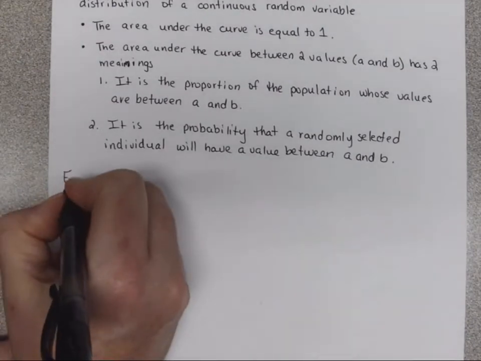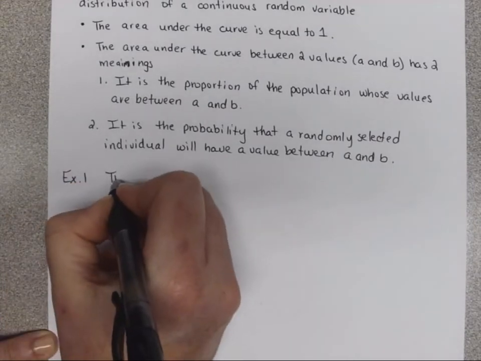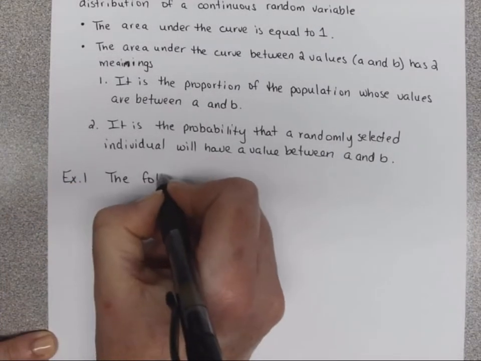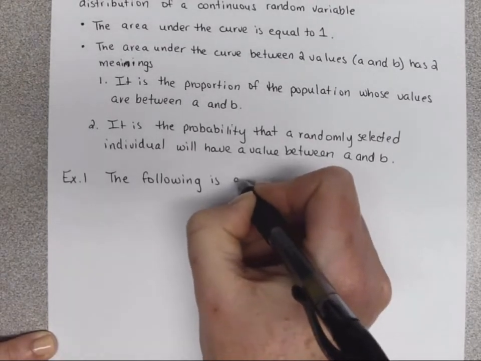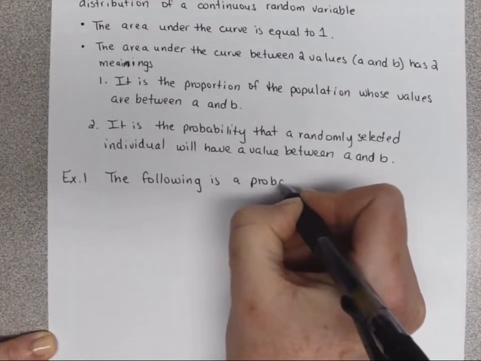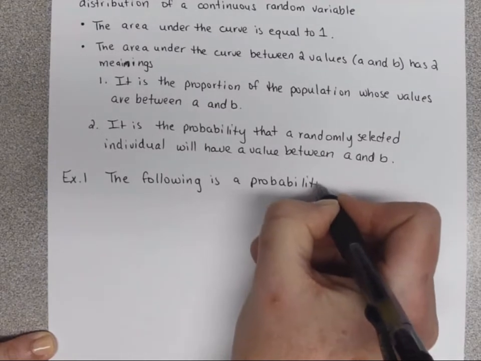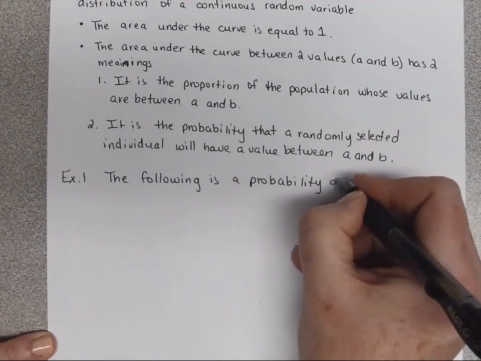All right, so let's look at an example. I'm going to want you to draw this curve, and we're going to talk about why it's a probability density curve. So let's say that I'm going to give you a probability density curve of GPAs of seniors at a large university.